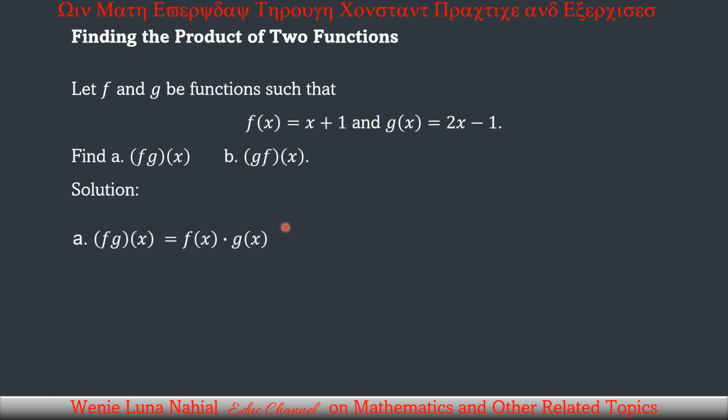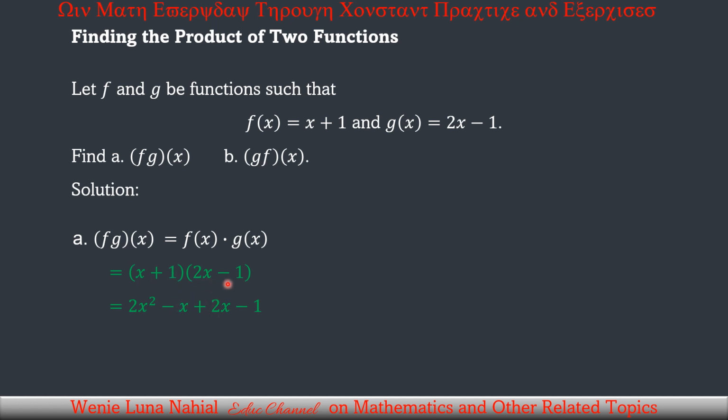For the solution, you have f g of x equals f of x times g of x. Then substitute f of x by x plus 1 and g of x by 2x minus 1. Then apply the FOIL method, x times 2x, that is 2x squared. Then x times negative 1, that is negative x. Then 1 times 2x, that is 2x.